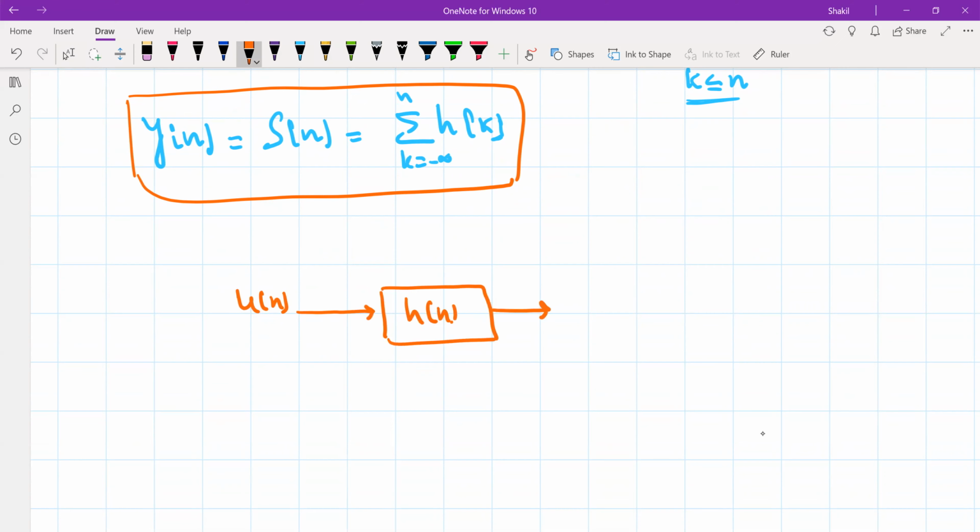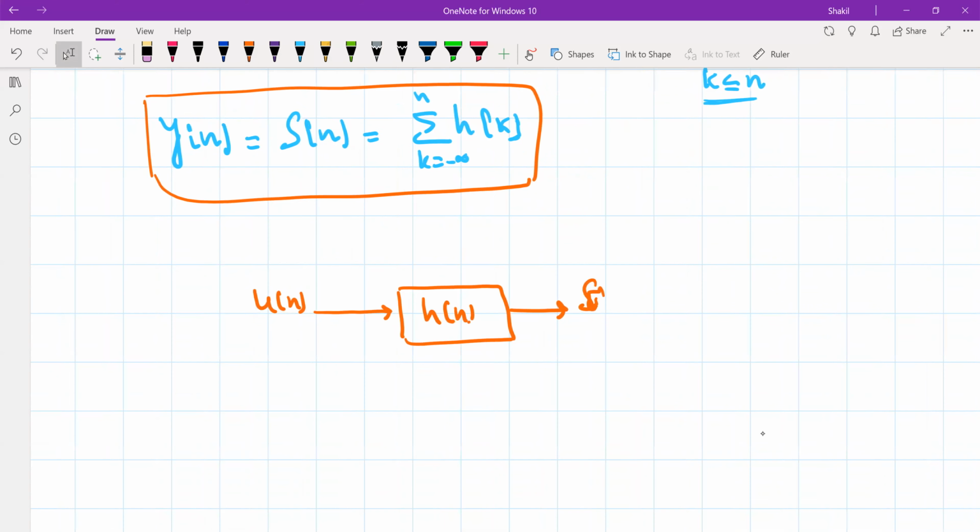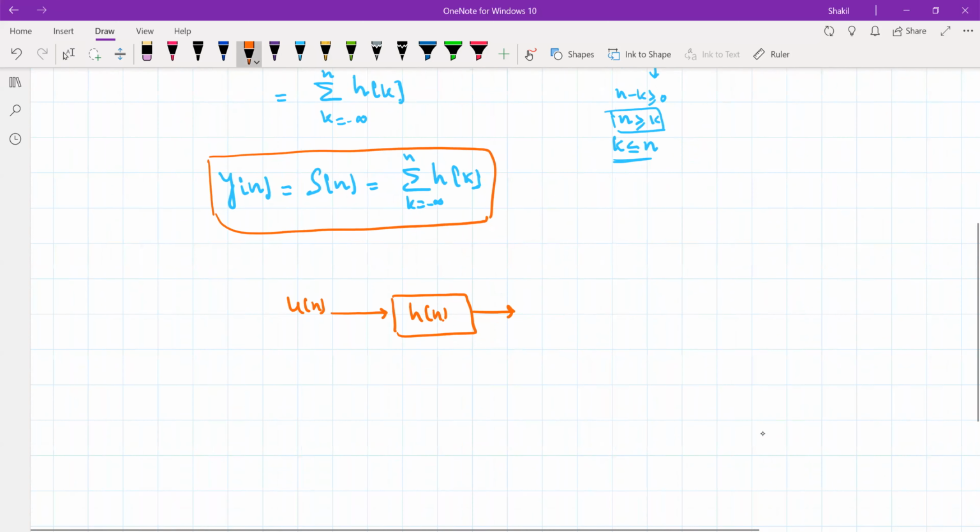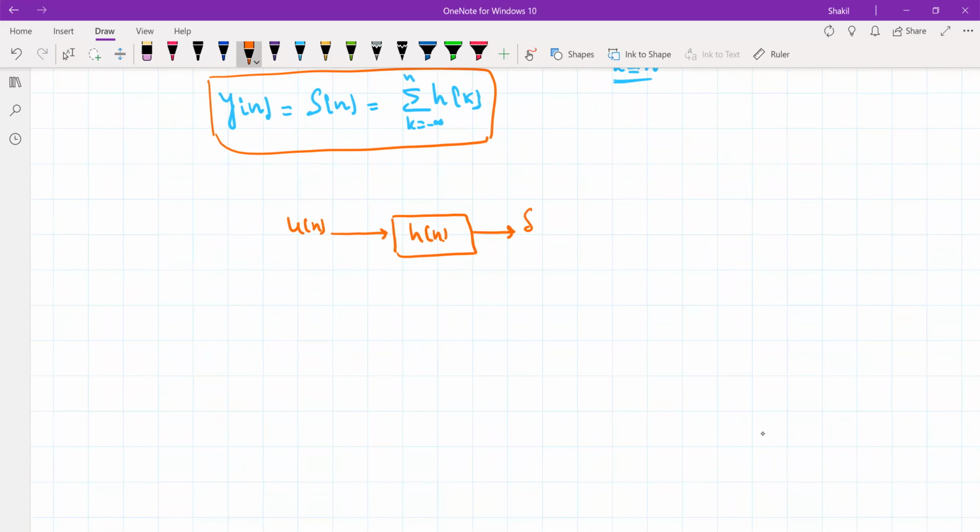This is not delta n, this is S of n. S of n is given as simply summation k running from minus infinity to n, h of k.